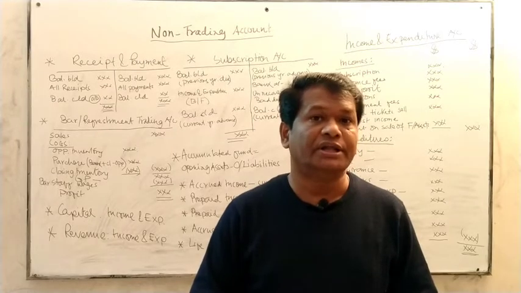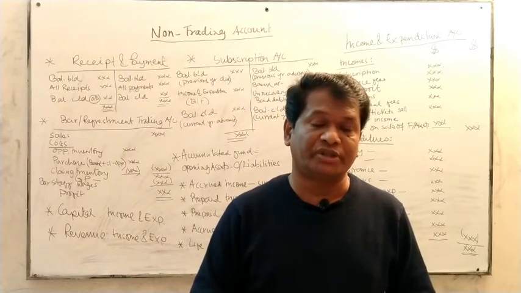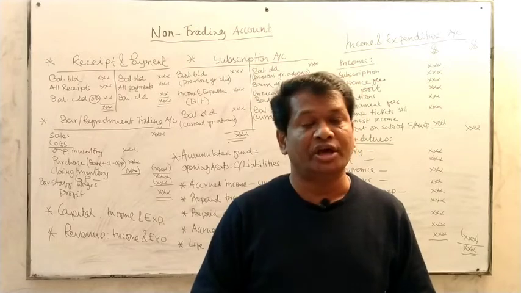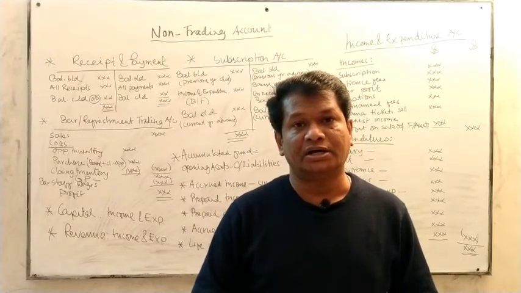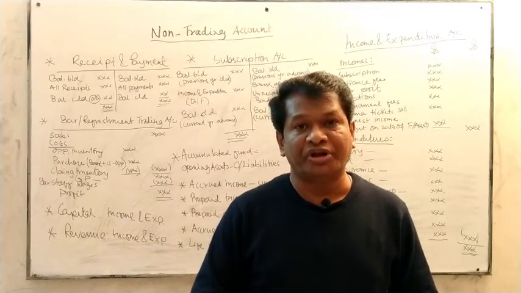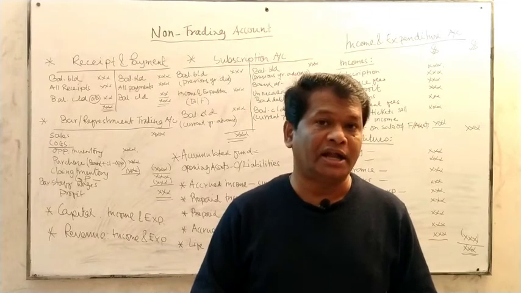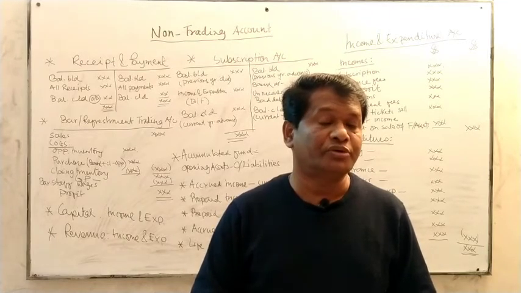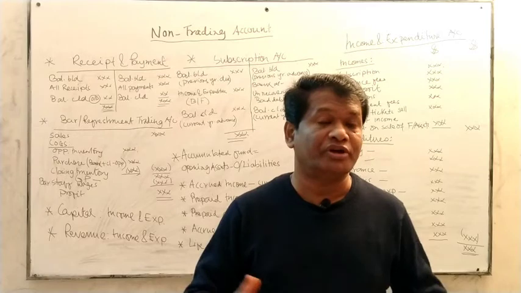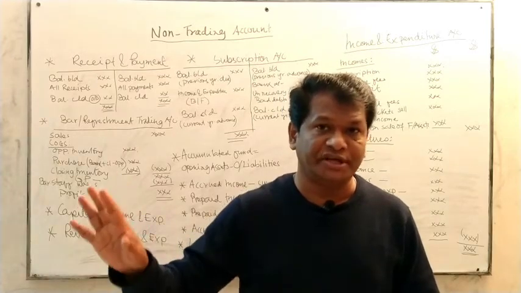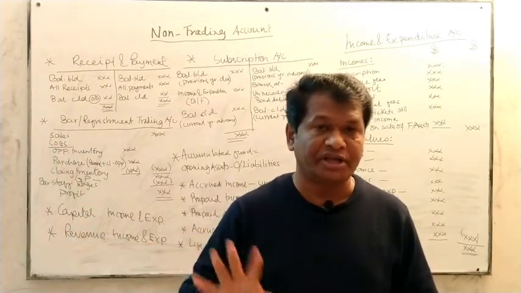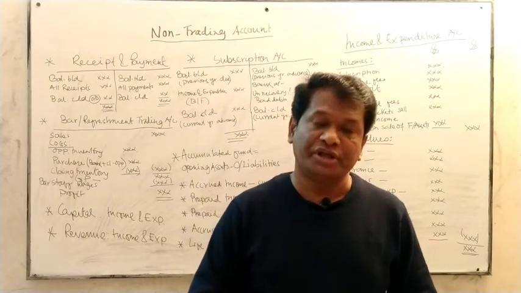The figure you get is the total assets, and then you have to write the accumulated fund and the other liabilities. In a trading concern, it is the opening capital, but here the accumulated fund means the opening capital.